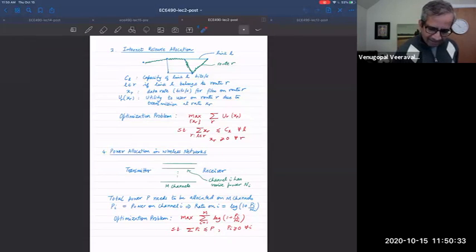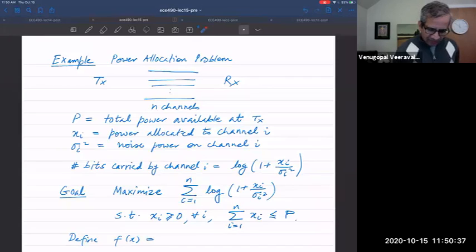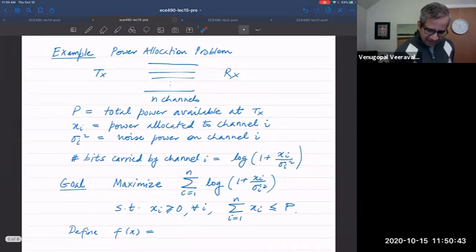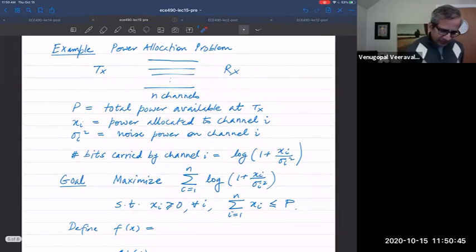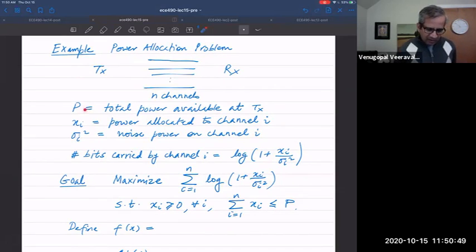Okay. So let's write it in the notation of our class now, of the KKT theorem. We assume that we have a total power, say P, that's available at the transmitter.